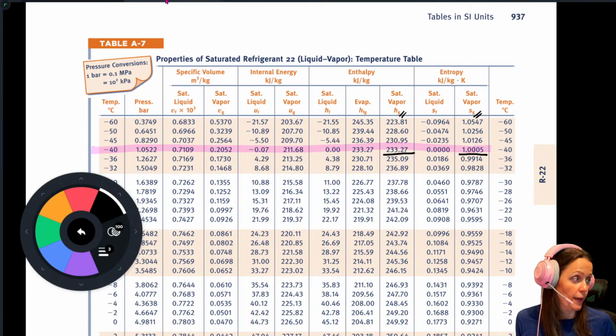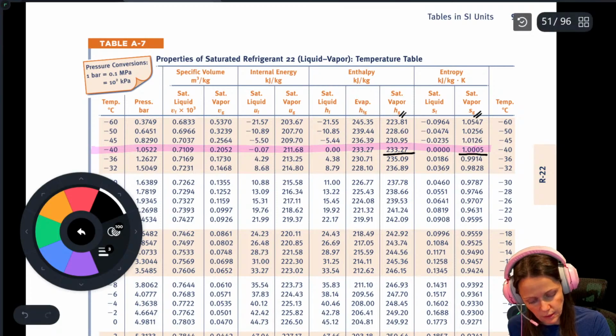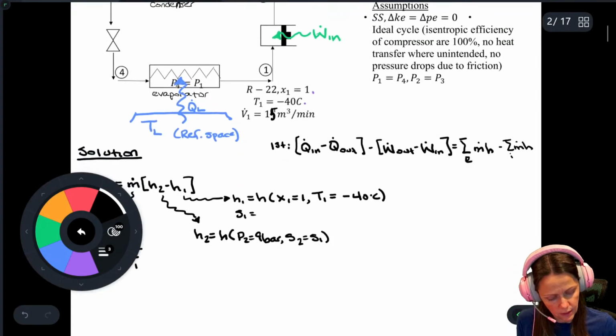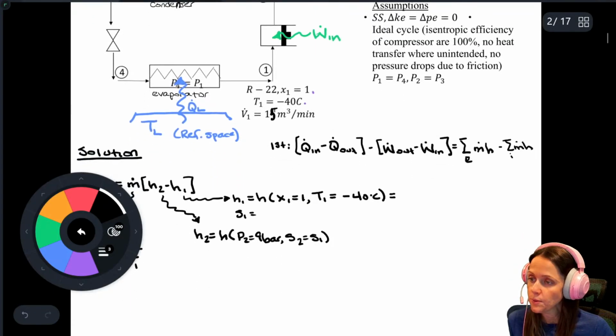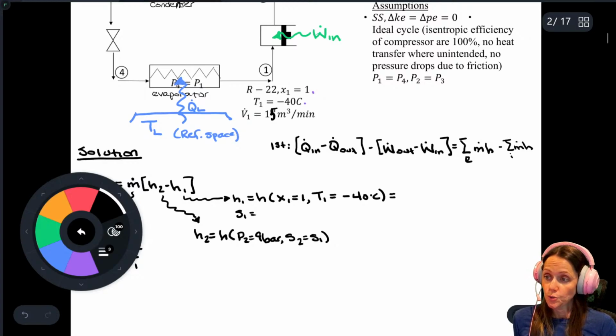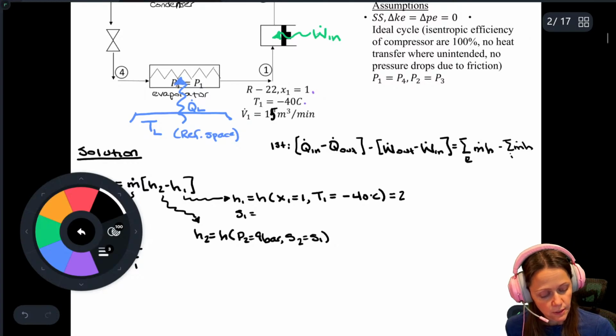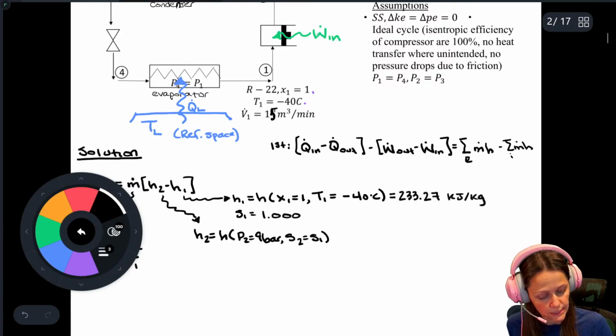I'm good there. Let me go ahead and write those down. So my H value, 233.27. And my S1 value is 1.0005, and it's in kilojoules. Bam.